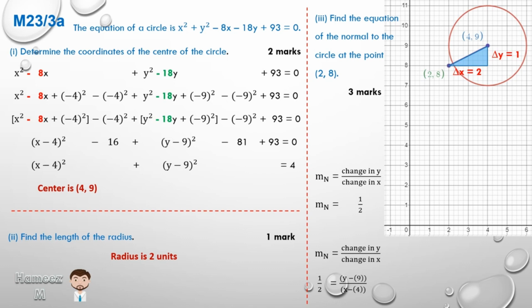We're using the x and y values there. So we can now solve by carrying the denominator across. It will give us a half times (x minus 4) is equal to y minus 9. So we can expand: a half x minus a half times 4, which is 2, plus 9 is equal to y. So y is equal to half x plus 7.